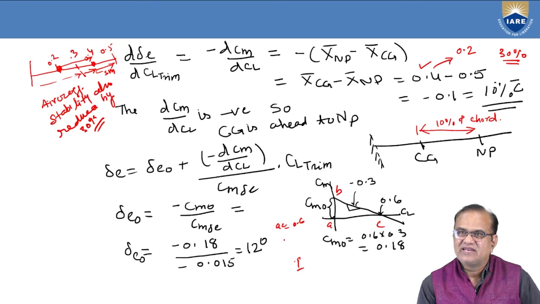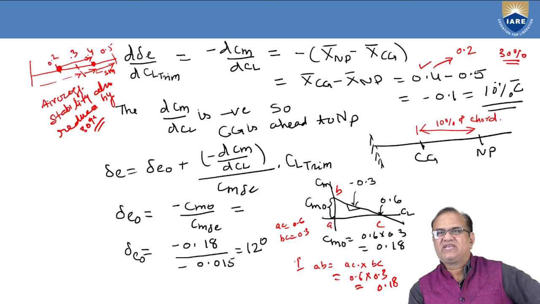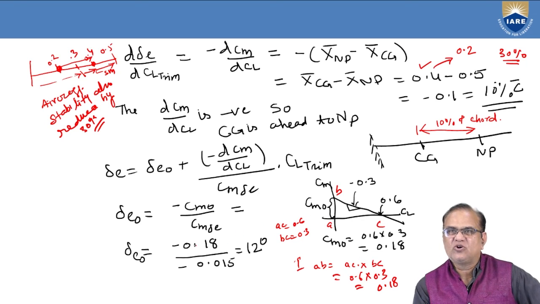This BC is given 0.3. So we can find out AB is equal to what? AB is equal to AC into BC. AC is 0.6, BC is equal to 0.3. So we got here 0.18. So here we got this value minus 0.18.